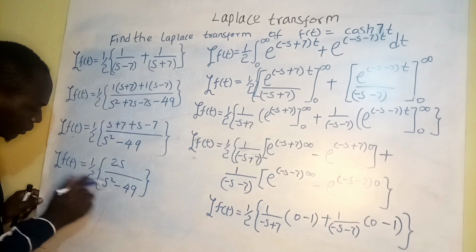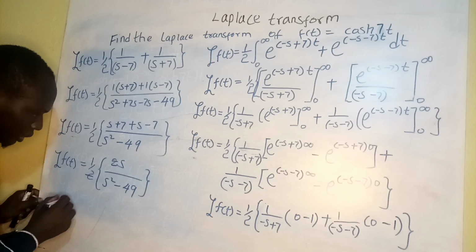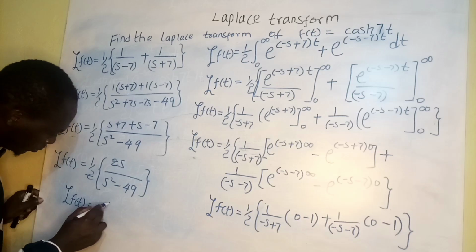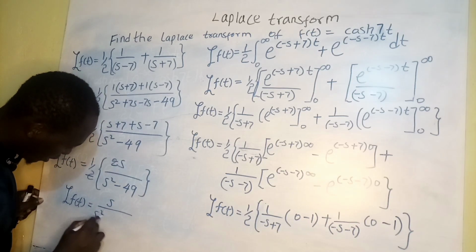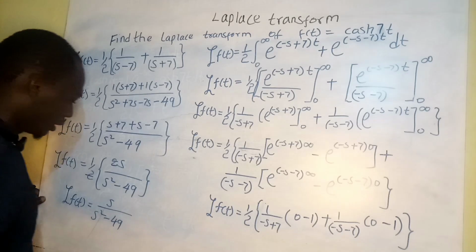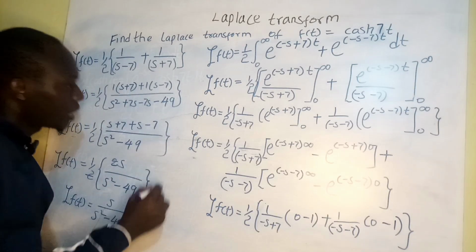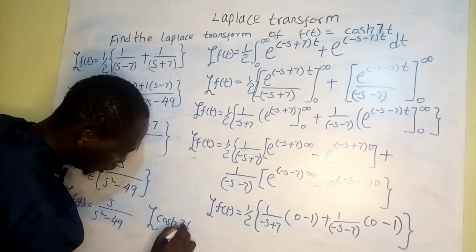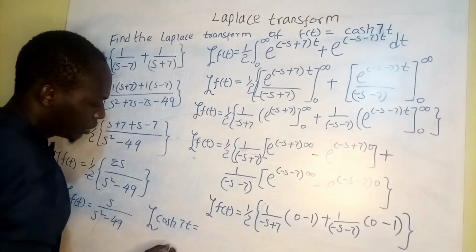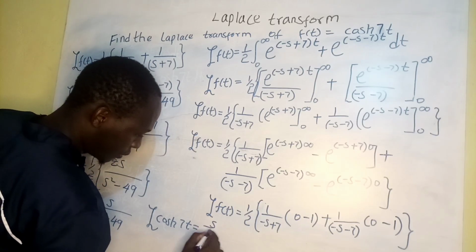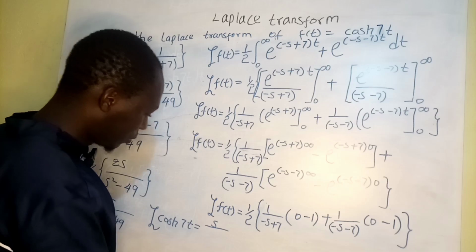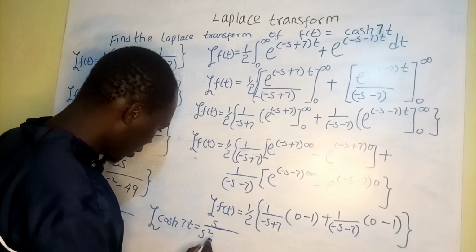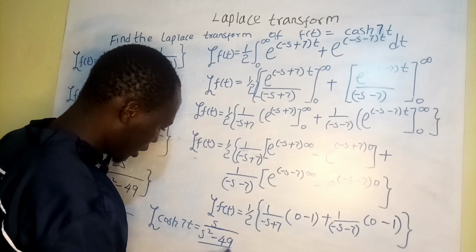At this point now, this one and this one will cancel out, and we are going to have the Laplace transform of our function f of t is going to be equals to s all over s squared we subtract from 49. To mean that the Laplace transform of cos hyperbolic 7t using the first principle is equals to s all over s squared we subtract from 49.